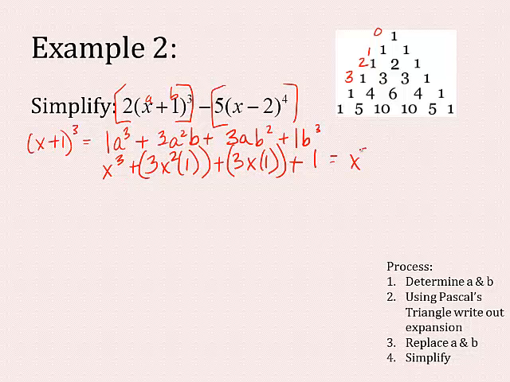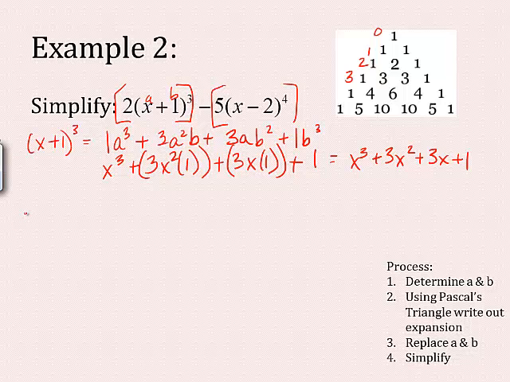That's going to be x cubed plus 3x squared plus 3x plus 1, right? So there's the first part of my expansion. Now, I have to remember the equation has a 2 there, so I've got to multiply all that by 2 before I can be finished with this part of the equation. I'm just going to leave this part for a second, all right?